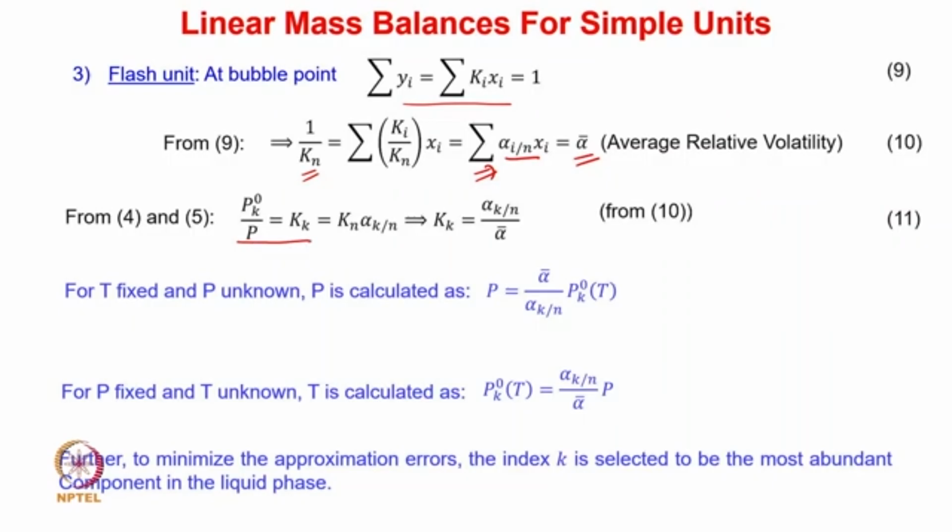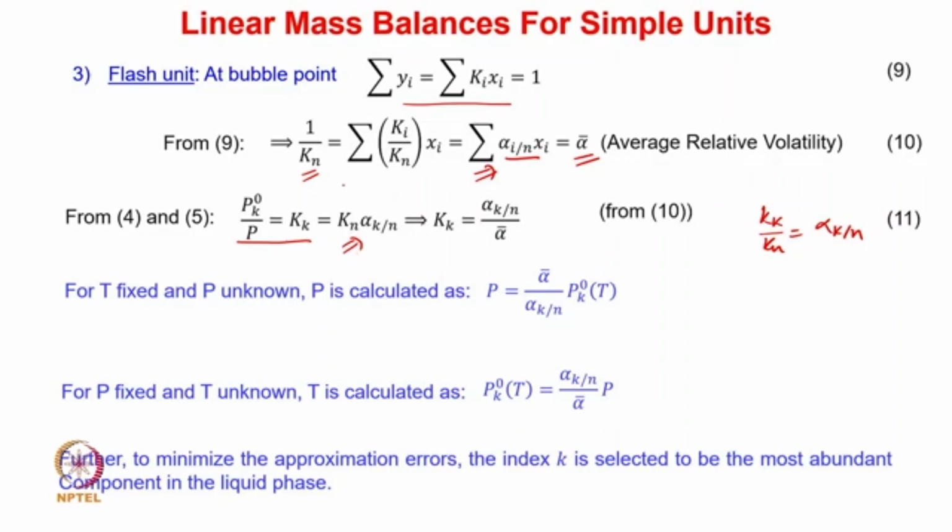So again, this is nothing but what? Kk by Kn is nothing but alpha kn. So I can represent this Kk as Kn into alpha kn, isn't it? So remember Kk by Kn is nothing but alpha kn. So in this particular equation I can calculate Kk as Kn into alpha kn. So that is what is written here, isn't it?